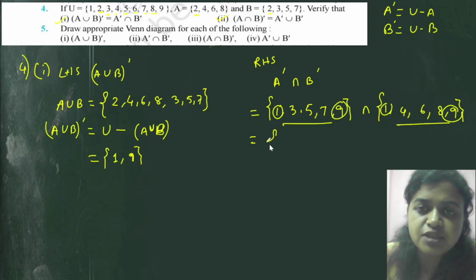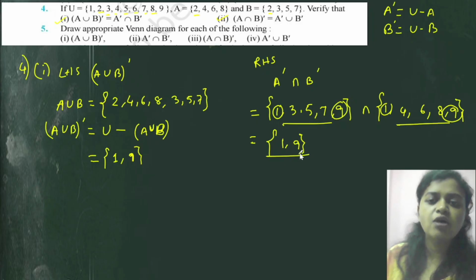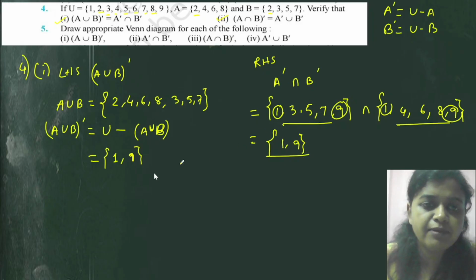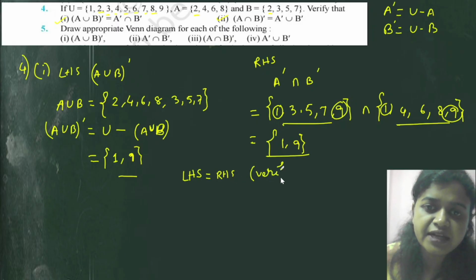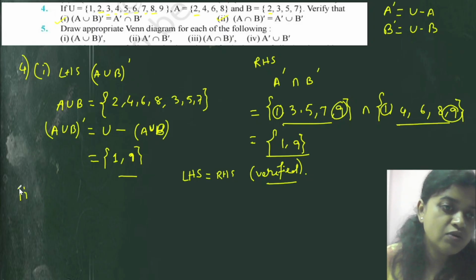So we get 1, 9. This is the intersection of A complement and B complement. See, the results of LHS and RHS are equal to each other, so LHS equals RHS and we can say it is verified. Now the second one.